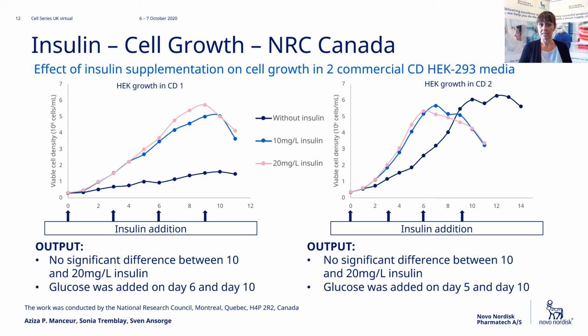A second case study was generated in collaboration with the National Research Council in Canada, conducted in the lab of Dr. Aziza Mansour. The aim of this project was to test the effect of insulin supplementation on HEK-293 cell growth and on virus production.